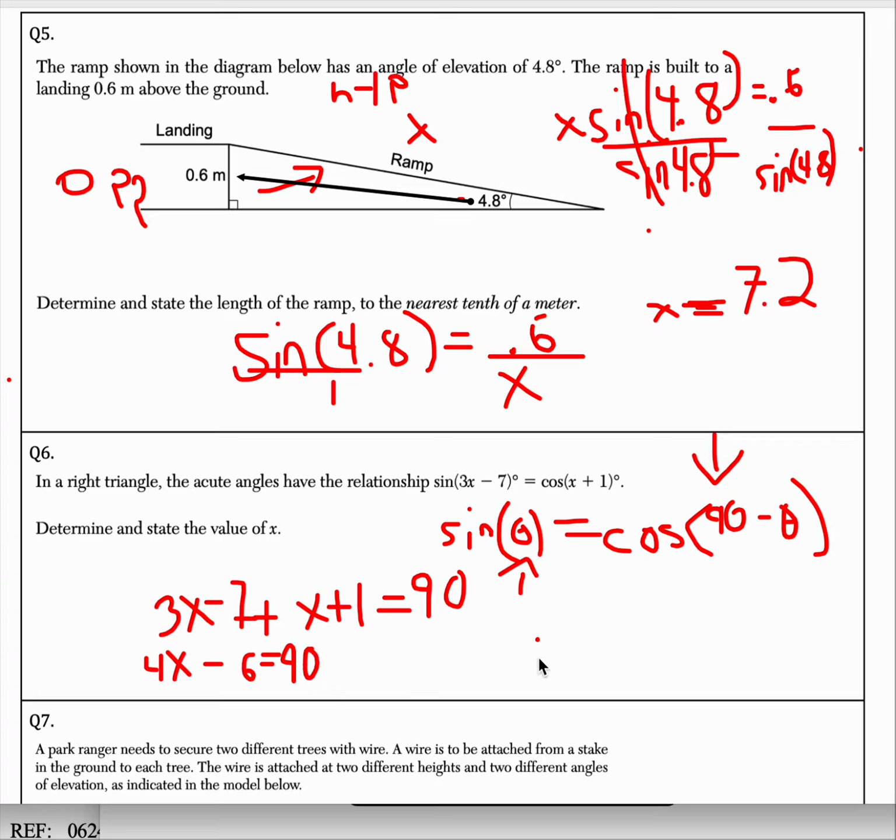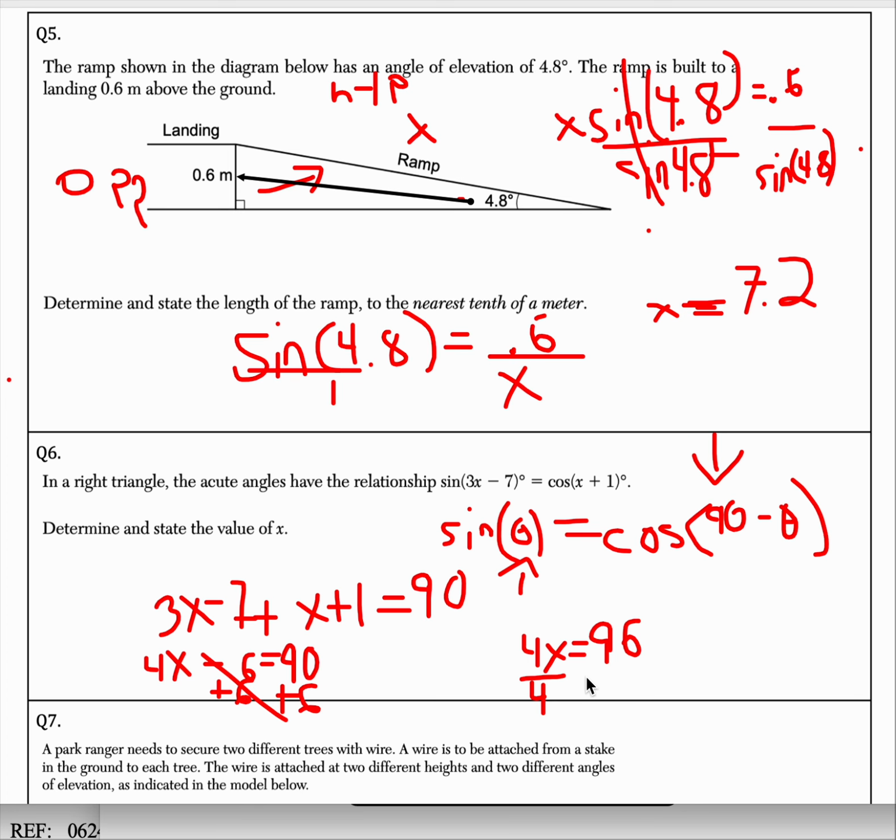Okay, then I get 4x equals 96. This is because I added 6 on both sides. And then I'm going to divide by 4 on both sides. Whoopsie.